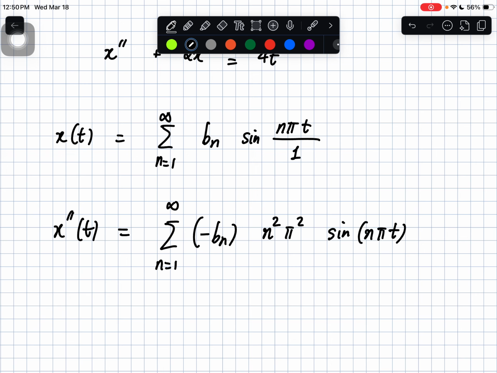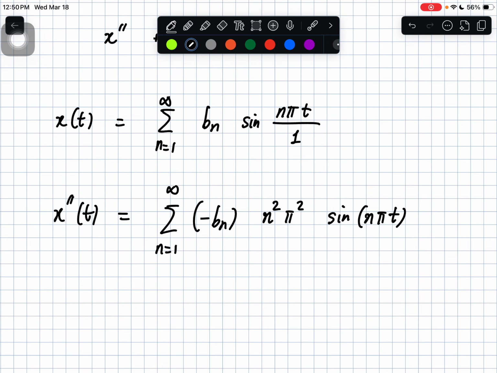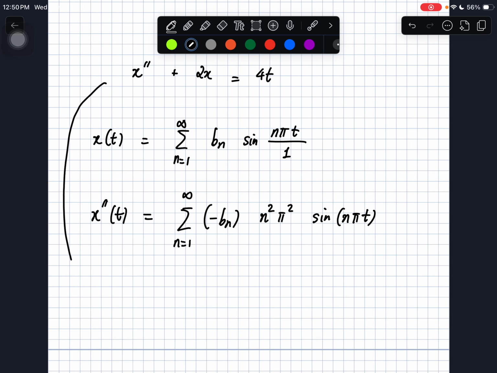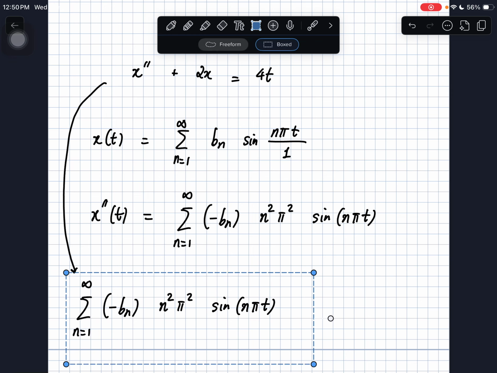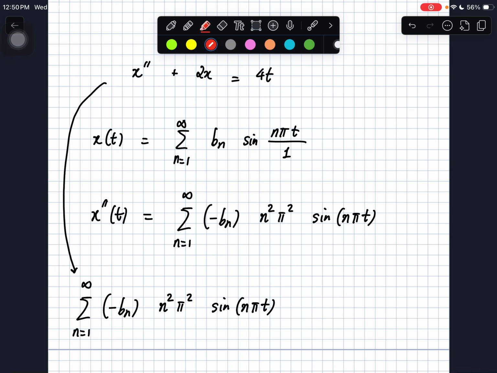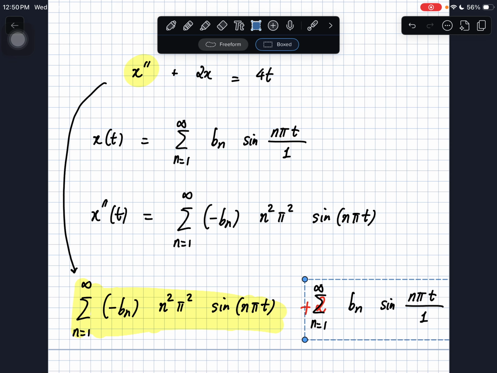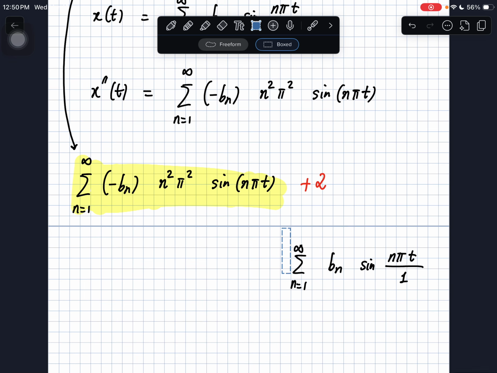This is our x double prime. So this equation now becomes the sum here for x double prime, plus 2 times the sum for x(t).